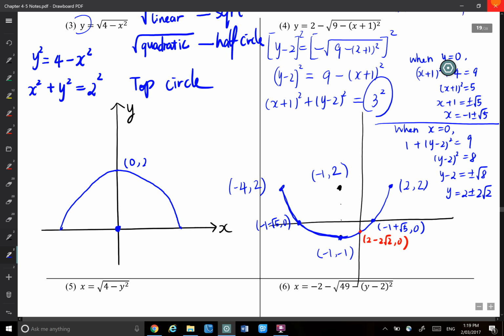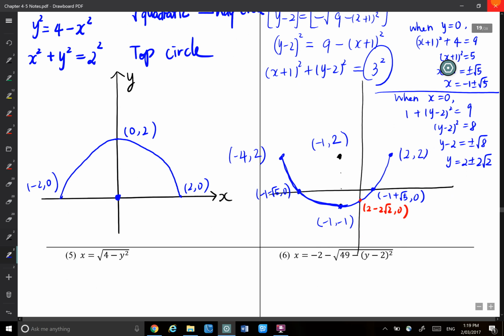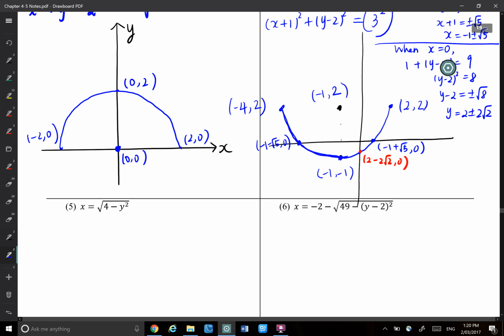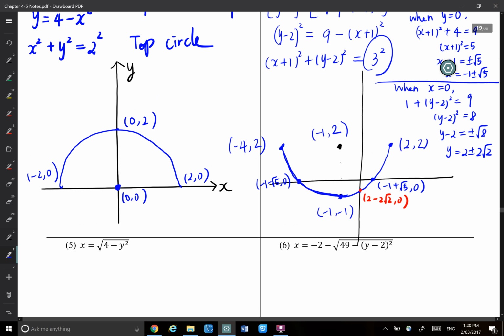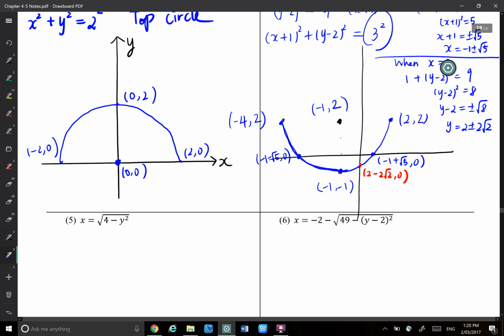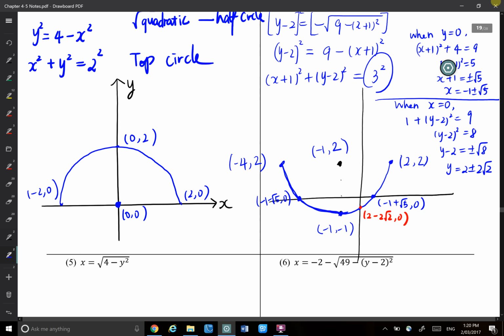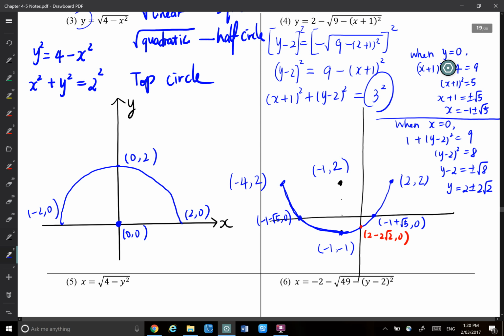So you will label 0, 2, 2, 0, negative 2, 0. And you need to label the center as well, which is 0, 0. Okay, that's how we draw half circles.